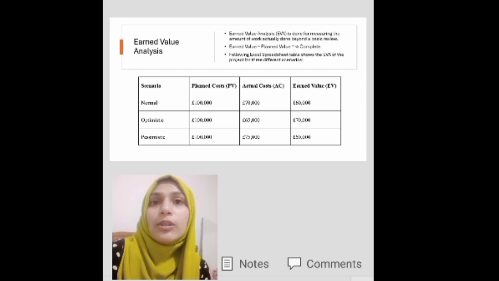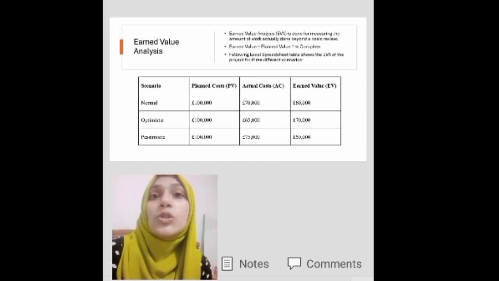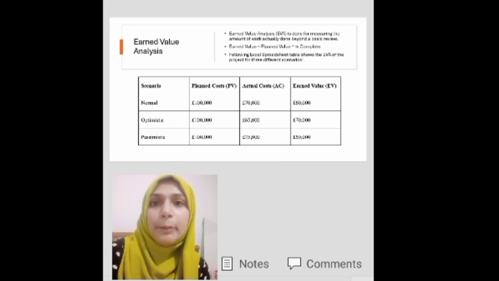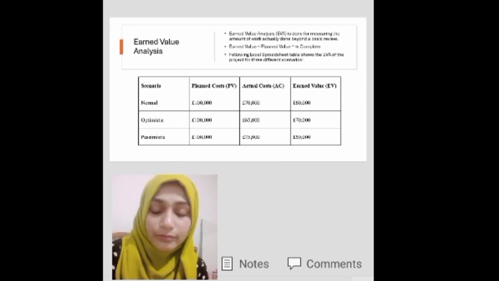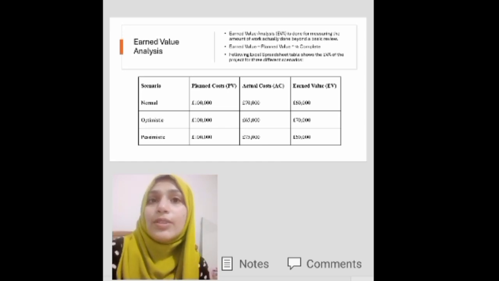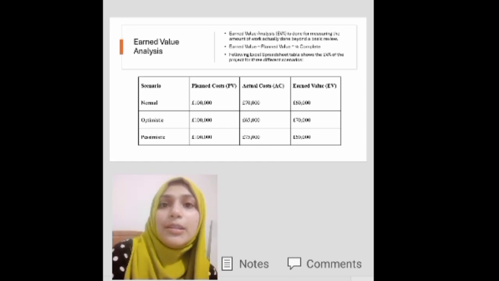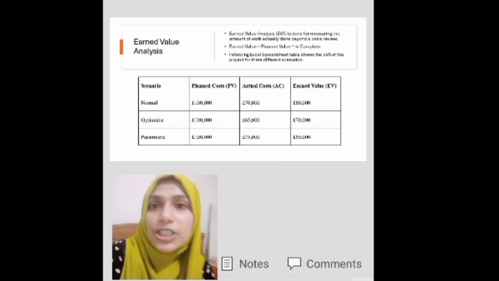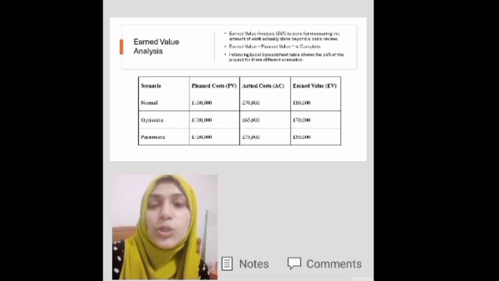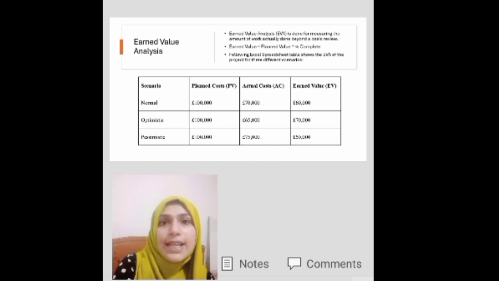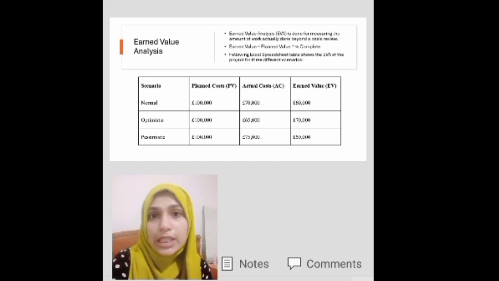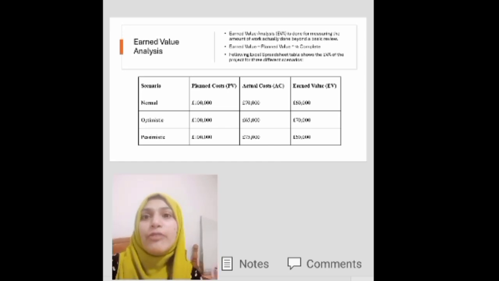Optimistic, the project exceeds expectations with a budget allocation efficiency leading to a project cost saving of 10%, reducing the total cost to 16,6500. Pessimistic, the project faces significant challenges with cost overruns leading to a project total cost of 21,000. EVA helps in understanding the amount of work actually done compared to the planned progress, providing insights into project performance.